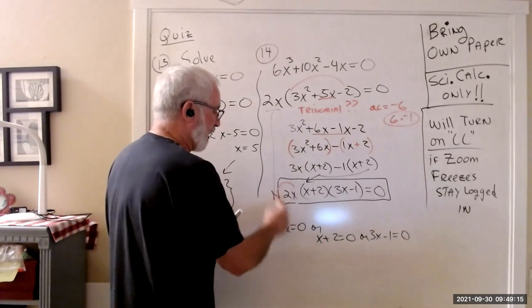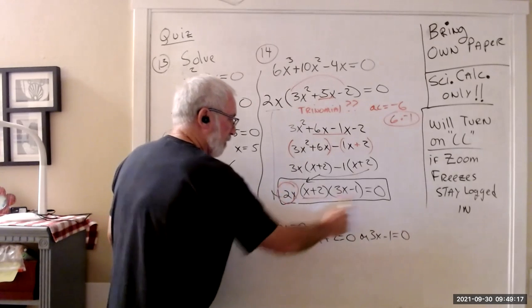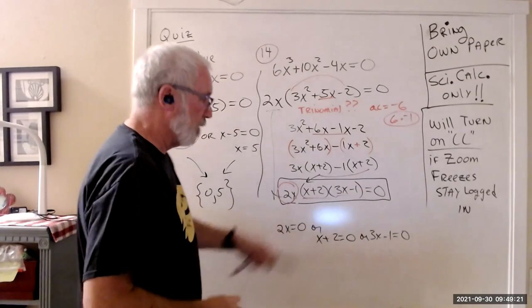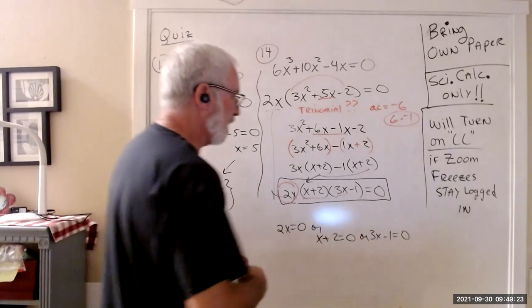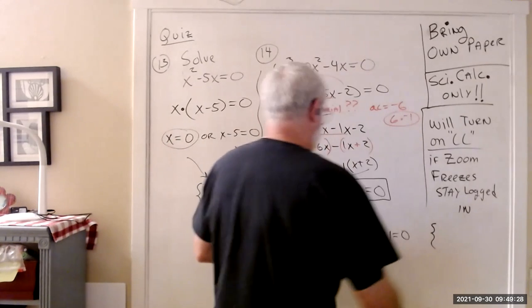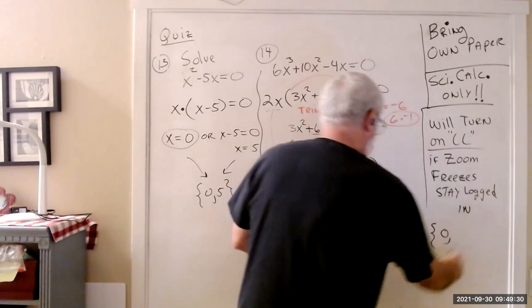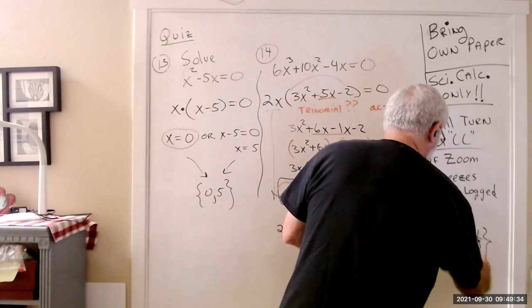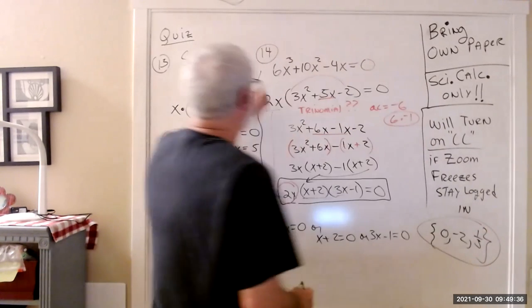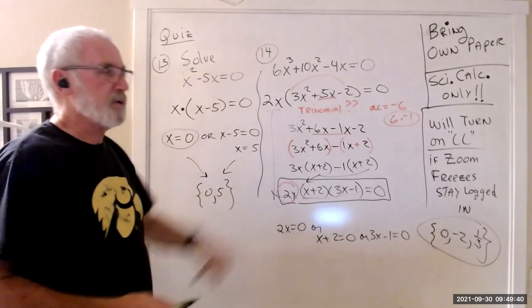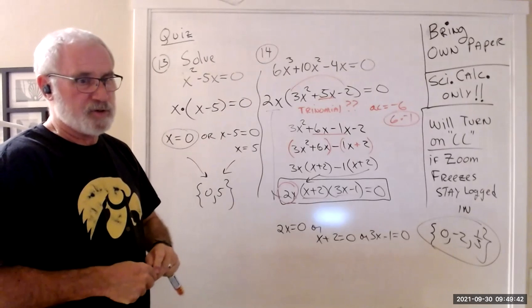We take these factors, set each one equal to 0, and solve each one of these, and if life is good, we should get, I'm not going to show it unless you guys ask me, 0, -2, 1/3. That's the answer to this problem. Now, if anybody wants me to show more steps, I'll be happy to.